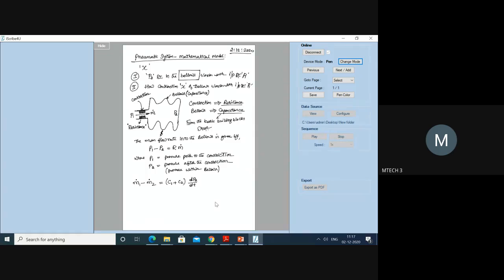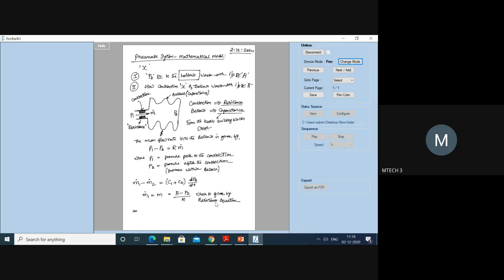Next line. The mass flow rate entering the bellows is m1 dot, that will be equal to P1 minus P2 by R, which is given by the resistance equation.